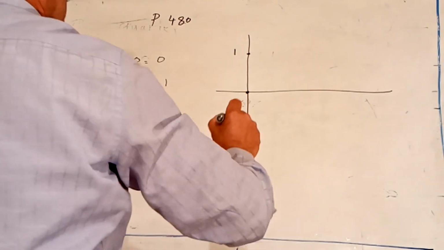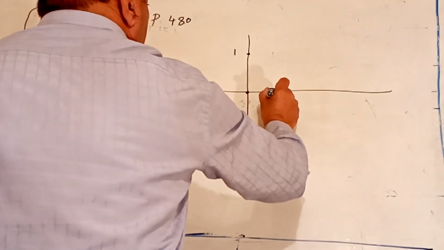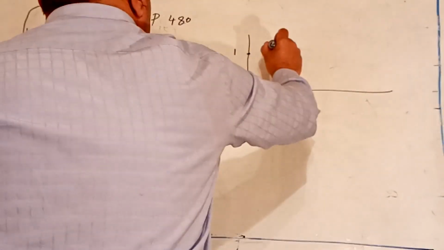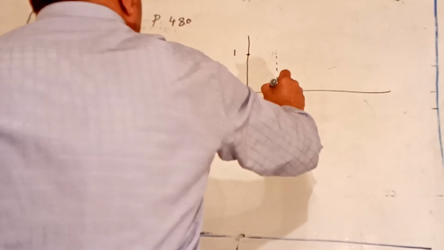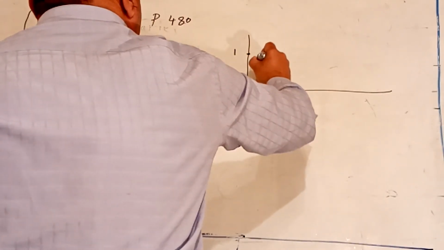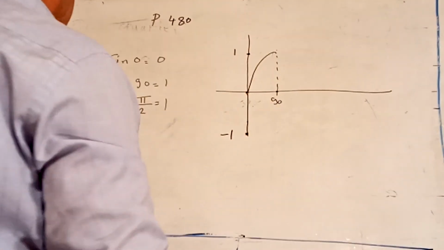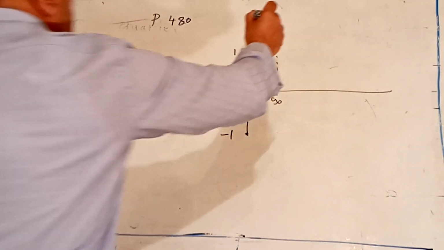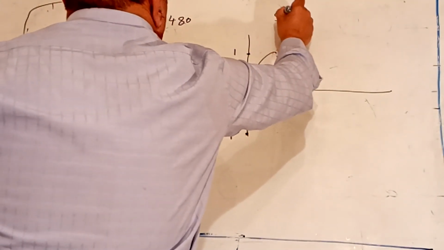So this is 90, or pi over 2, and we will see how it goes. It will go to 1. Then this is the sine wave.